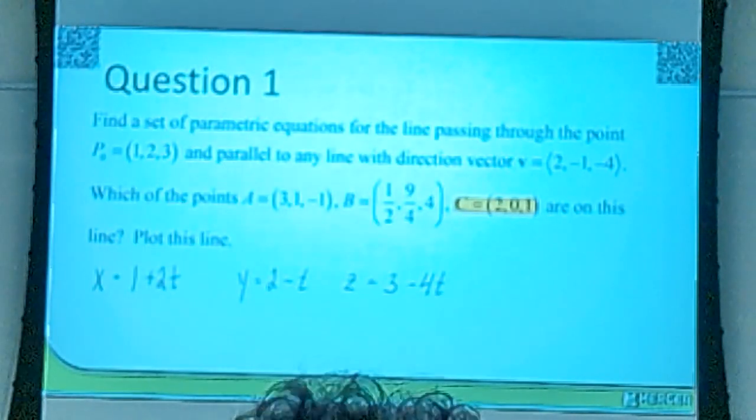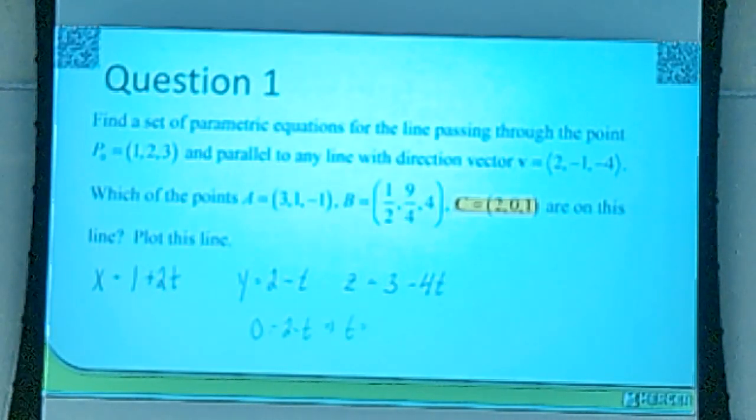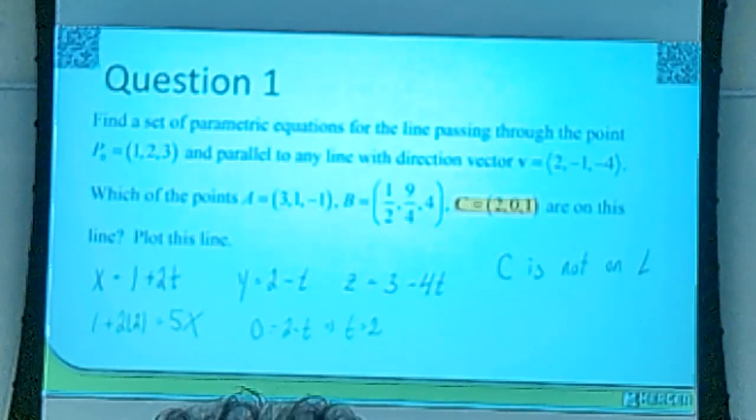Oh, that y value is really nice. C's not on the line. A, B were on the line, C is not.